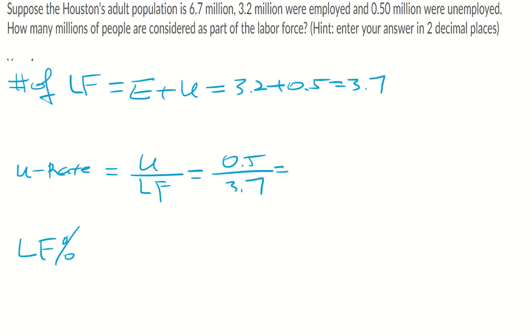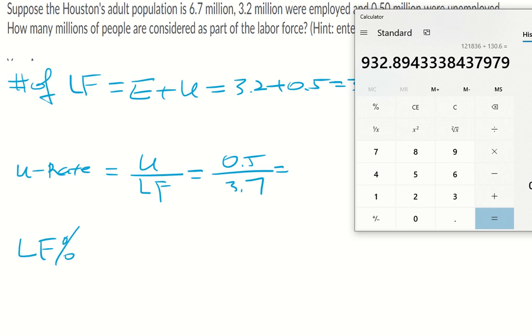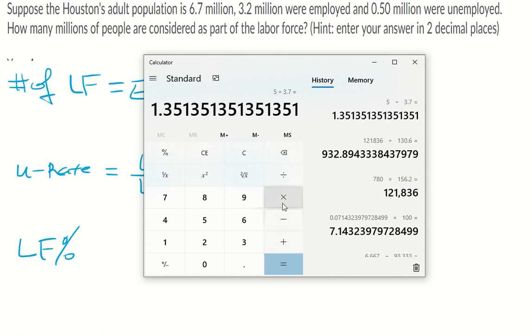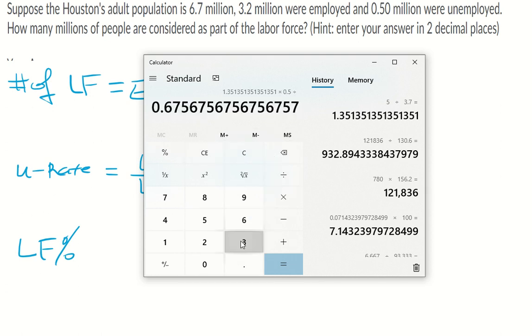Let me bring in my calculator. So 0.5 divided by 3.7, and then times, well, wait, what did I do? This doesn't seem right. Let me start over. So 0.5 divided by 3.7.